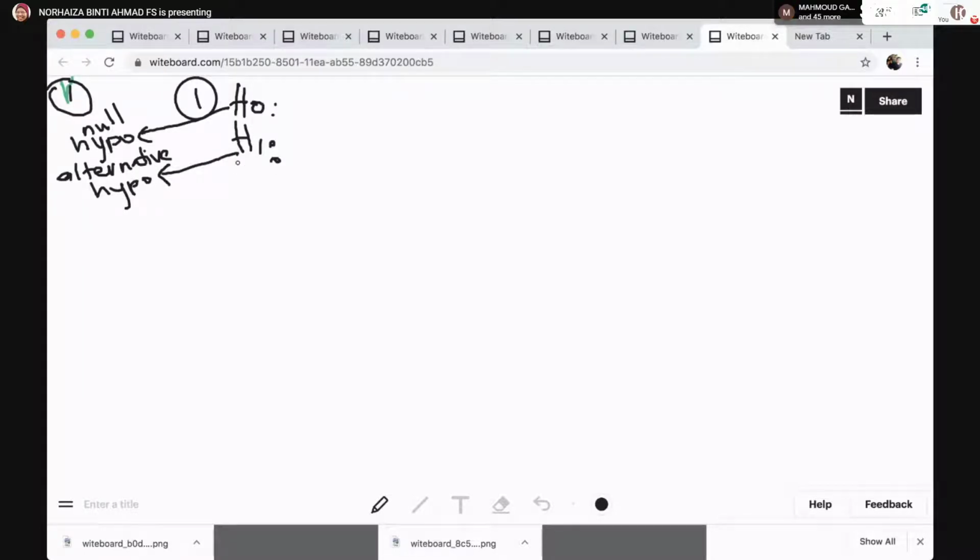Okay, but when you want to define them, there are three conditions that you have to have. Number one, in order to write this hypothesis, you need to have a parameter.